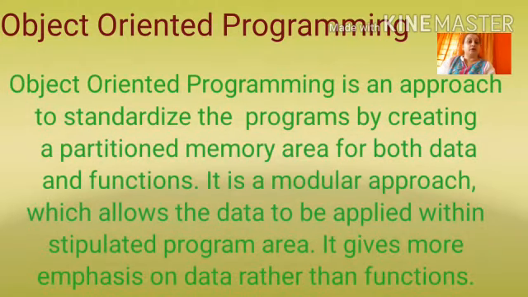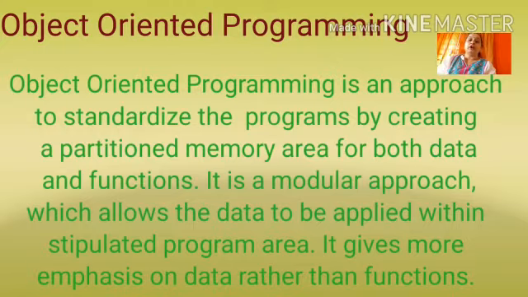Like we have an input method where we enter the values, there is a calculate method where we calculate the value, and there is a display method where we display. So you can see the total program is divided into 3 parts: the input part, the calculate part and the display part.